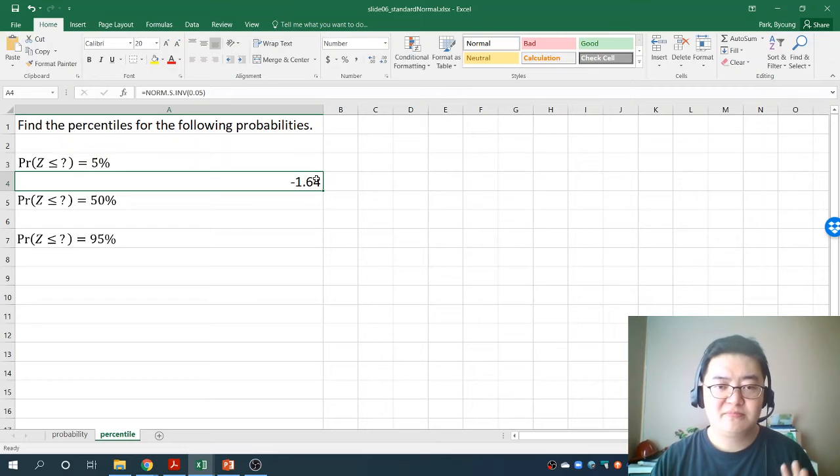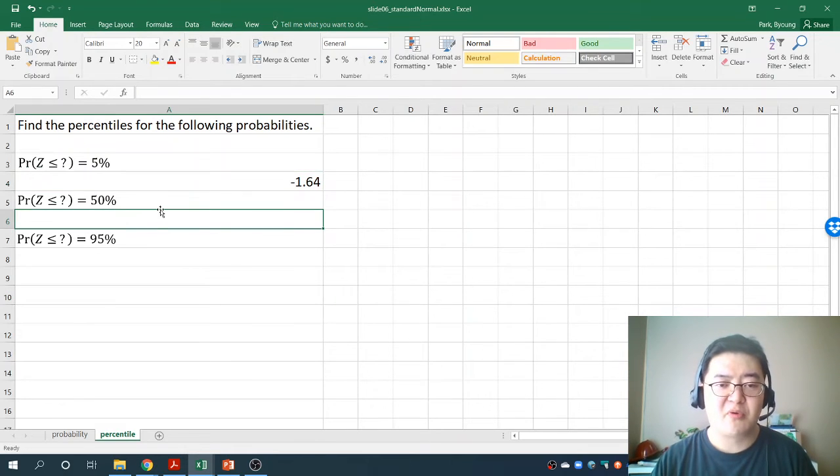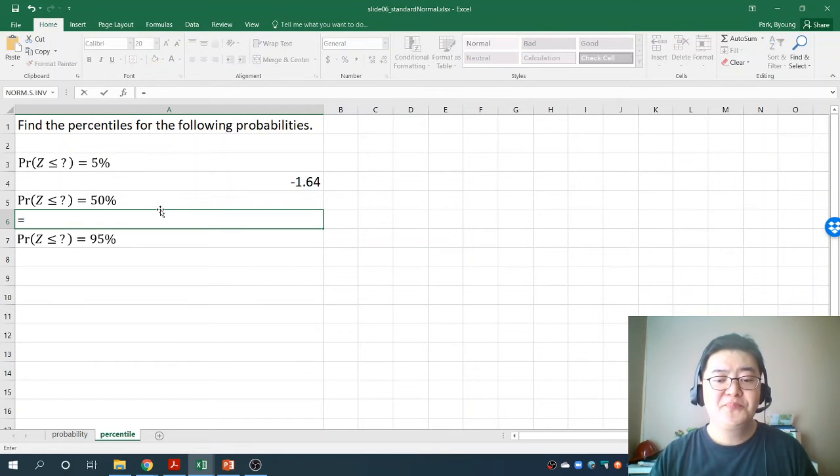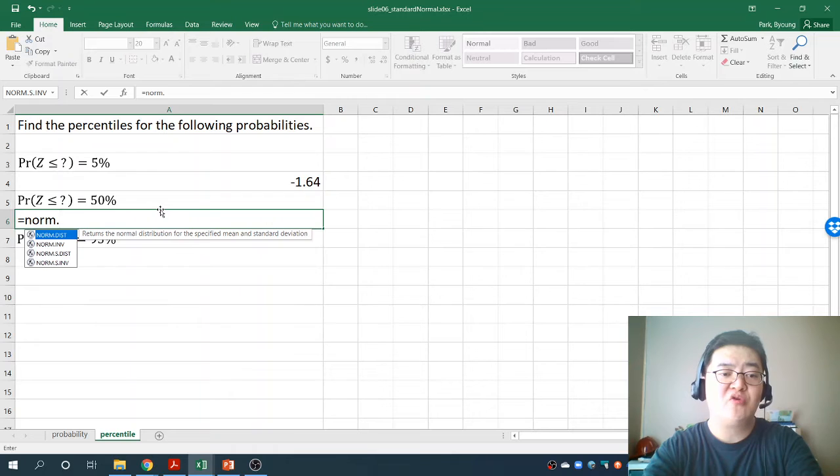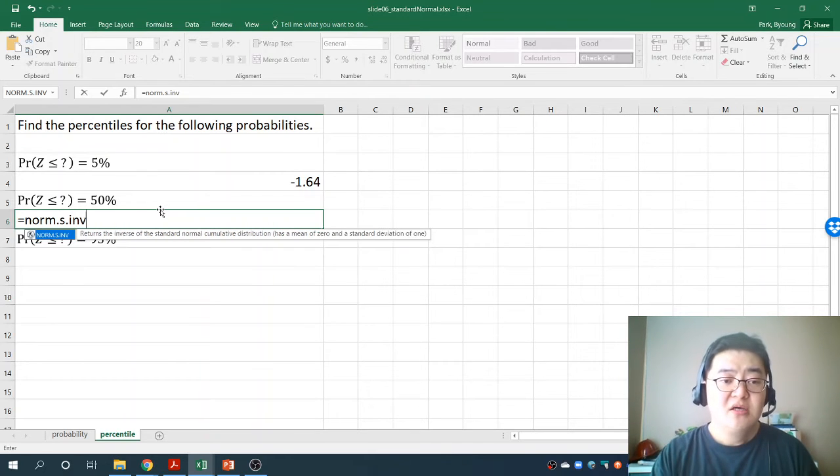Remember this. And as before, you may just type the function if you know what you are using. This is the function we are going to use, NORM.S.INV, the standard normal inverse.